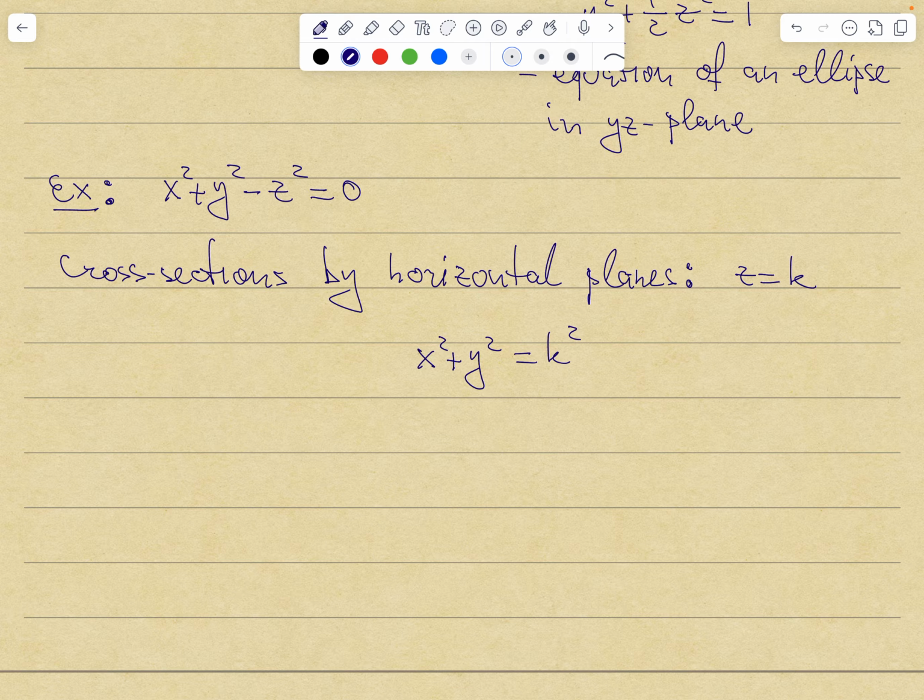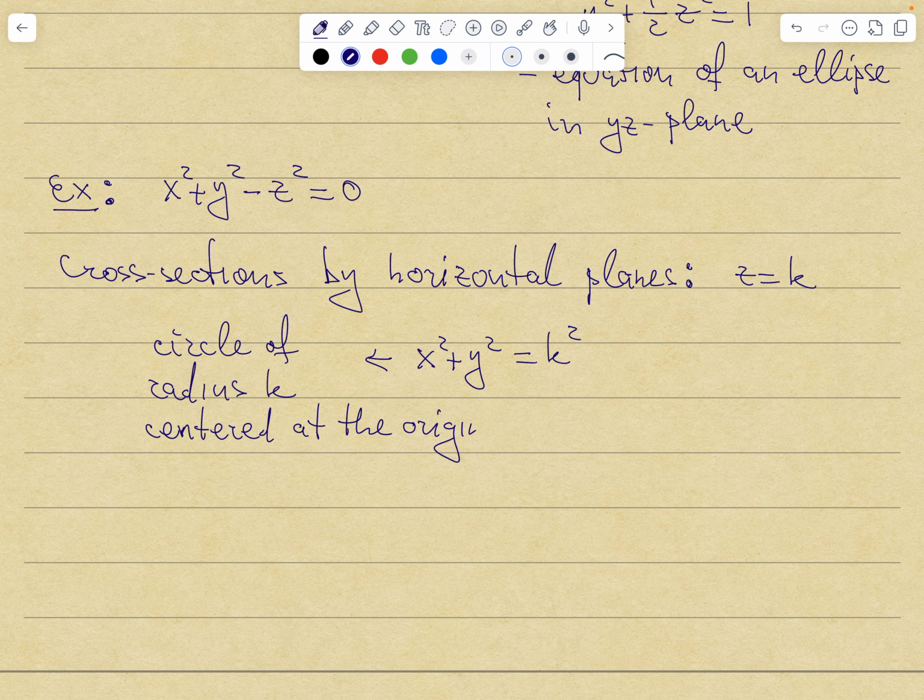And of course, that is a circle of radius k, centered at the origin of the xy plane.